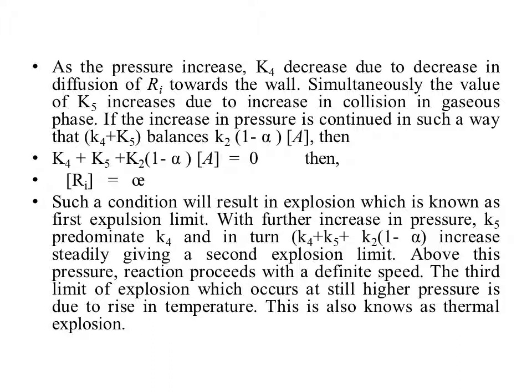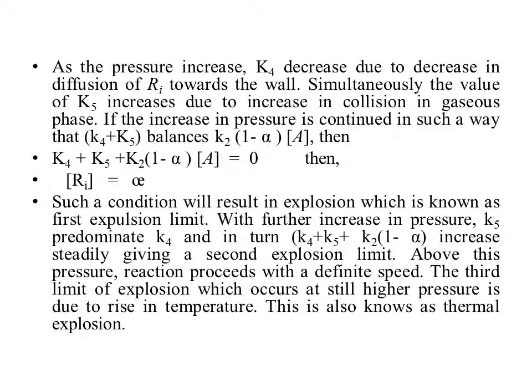Above this pressure, reaction proceeds with a definite speed. The third limit of explosion, which occurs at still higher pressure, is due to rise in temperature. This is also known as thermal explosion.